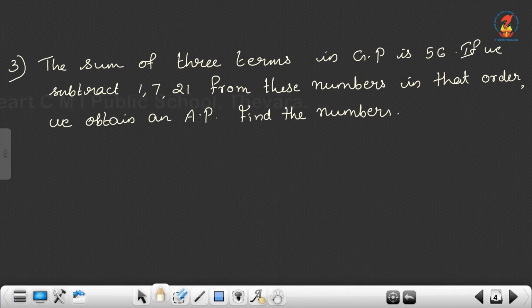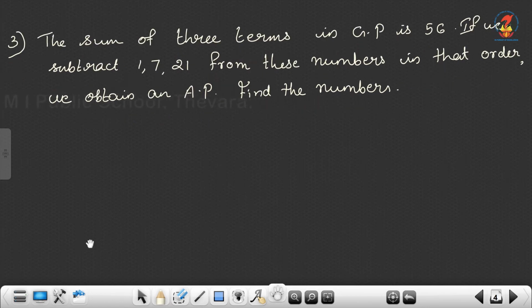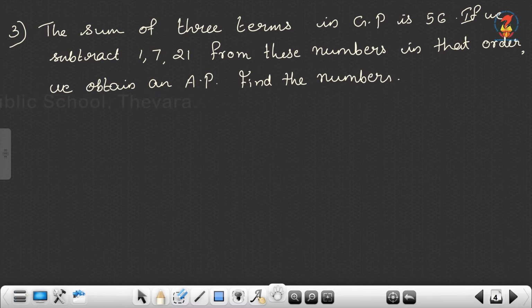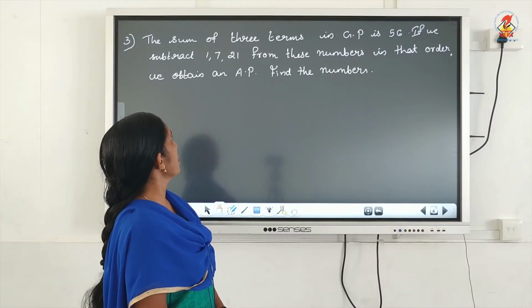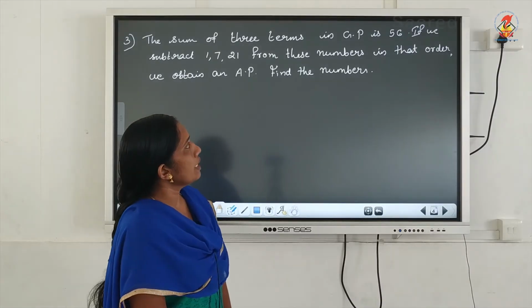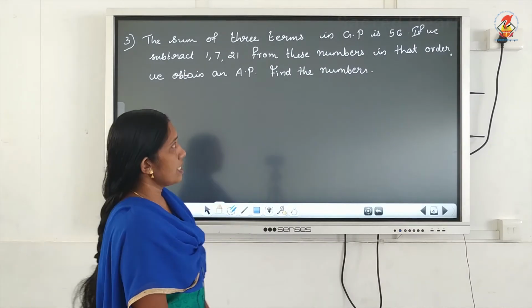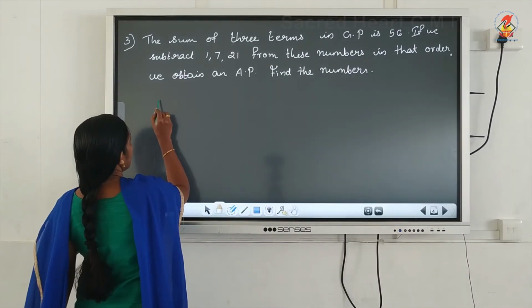Next one. The sum of 3 terms in GP is 56. If we subtract 1, 7, 21 from these numbers in that order, we obtain an AP. Find the numbers. So the sum of 3 terms in GP is 56. So we can write the terms.